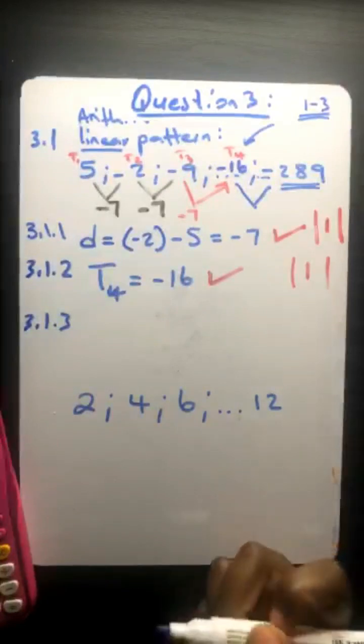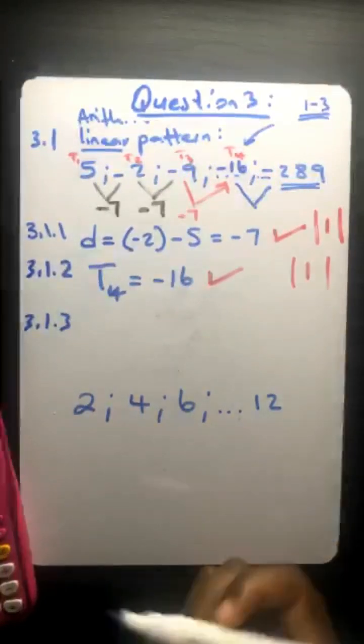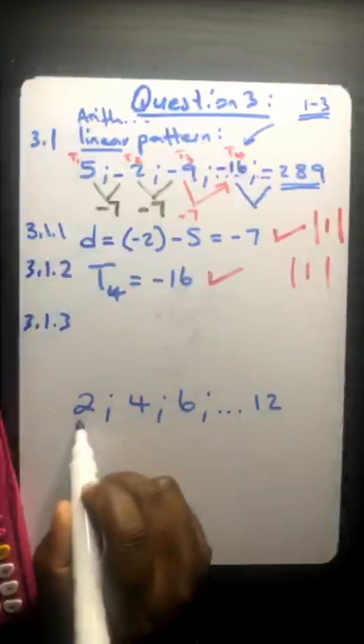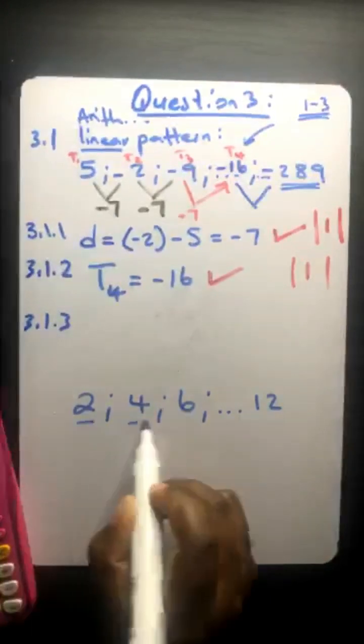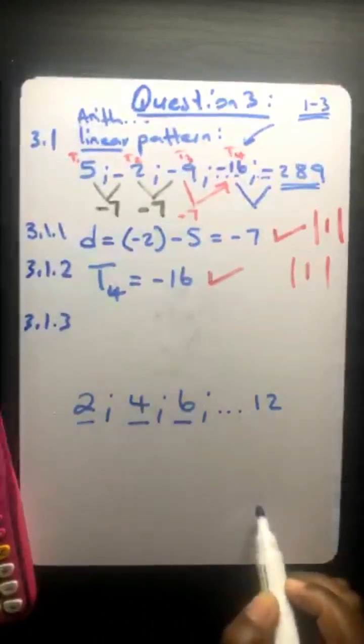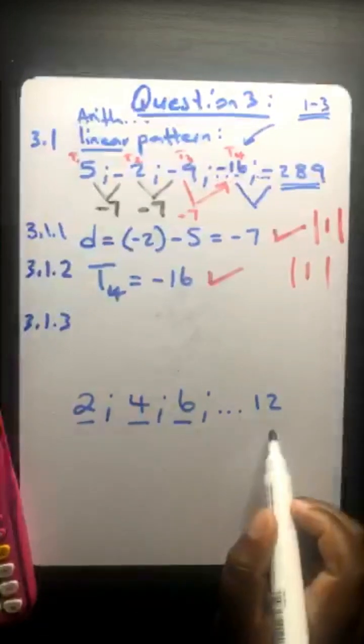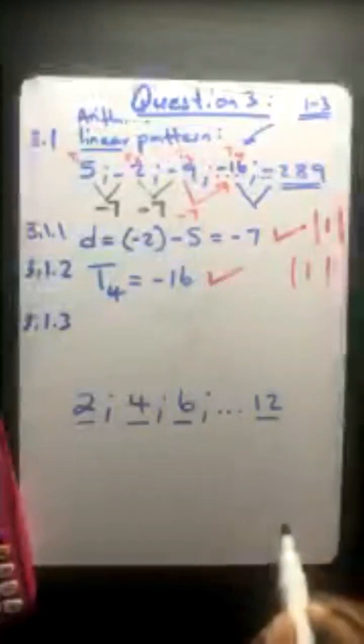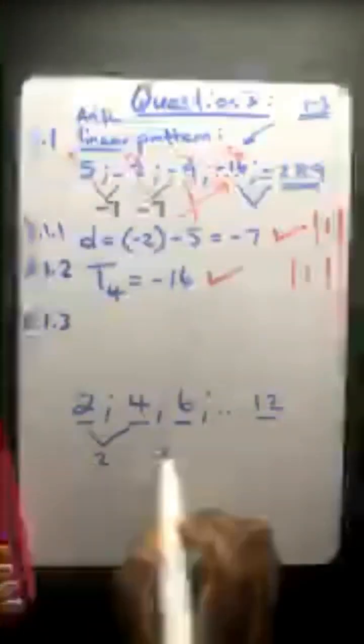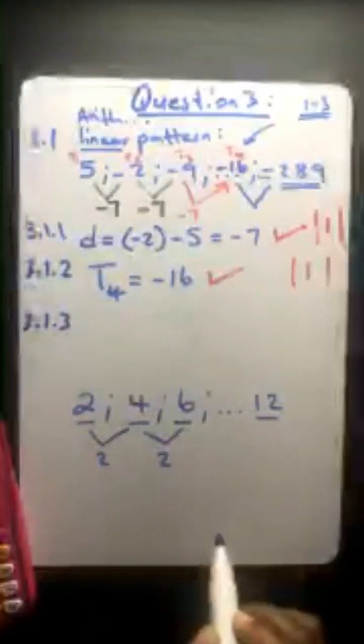So what it actually means is that they want to know how many terms in this pattern exist where the last term is 12. Obviously you know that by adding 2 each time, it gives you the next term.